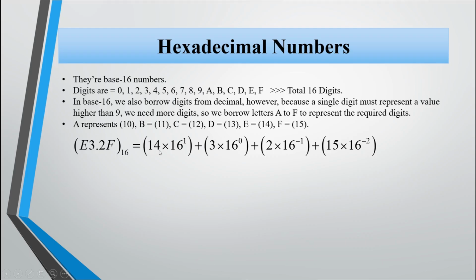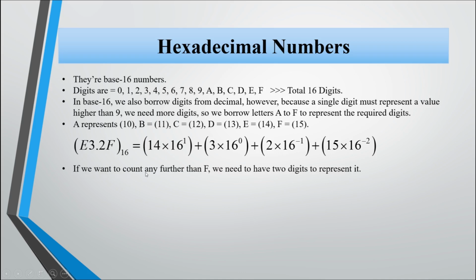So it's 14 multiplied by 16 to the power of 1, which is 16, plus 3 multiplied by 16 to the power of 0, which is 1, plus 2 multiplied by 16 to the power of minus 1, which is actually 1/16, plus 15 multiplied by 16 to the power of minus 2. And why do we have 15 here? Because we have an F here, and F is equal to 15.